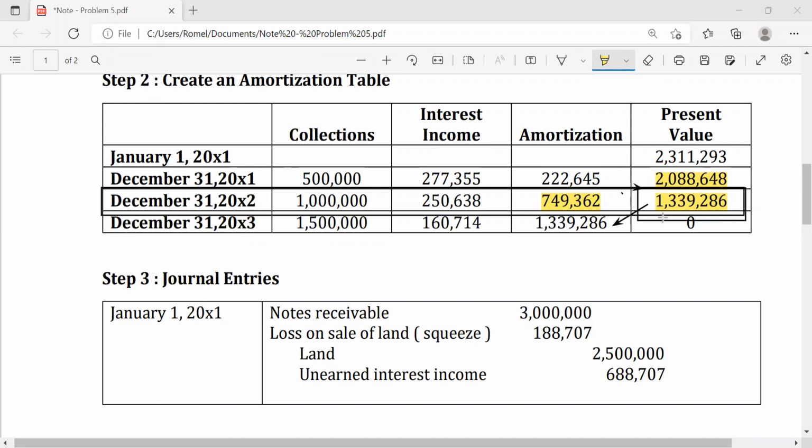So ano na siya? Lahat ng to, current portion na, wala ng non-current portion. Okay? So that's it for non-interest bearing notes with unequal installment collections. So I hope that you learned something today, and thank you so much for listening.